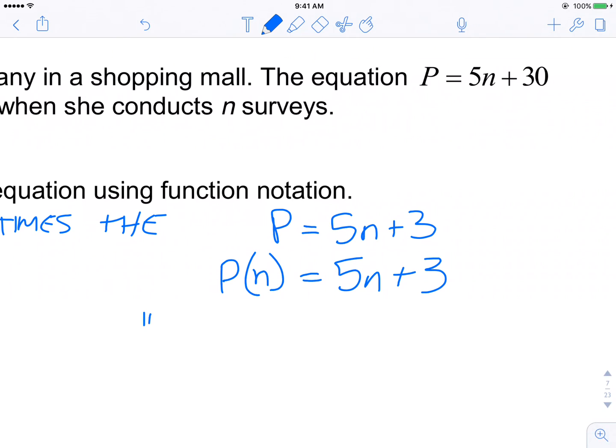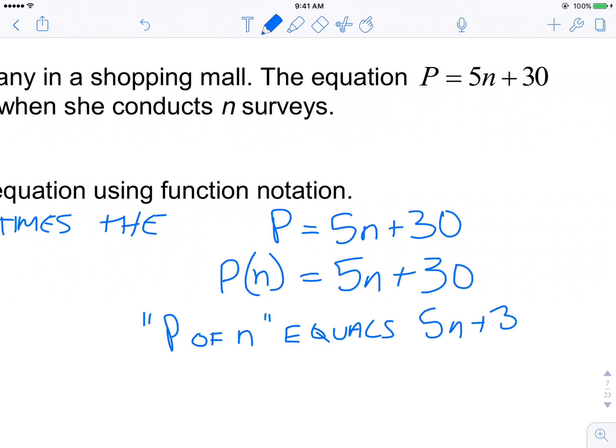And what that means in words, it means P of n equals 5n plus 30. So instead of saying y equals or P equals in this case, the words are P of n. So pay of 6 surveys is equal to, here's your question, 5 times 6 is equal to 30. Okay.